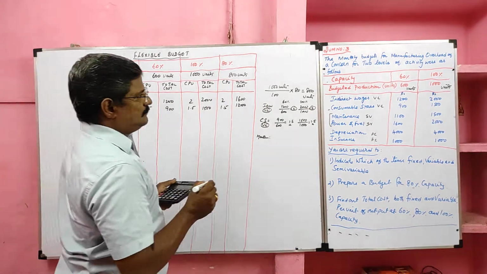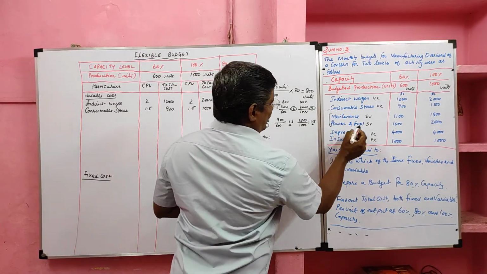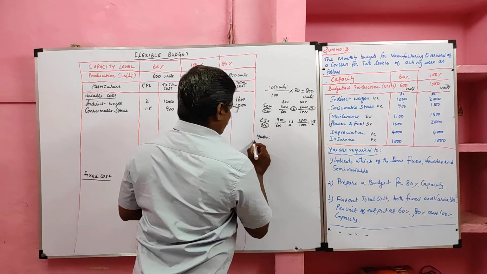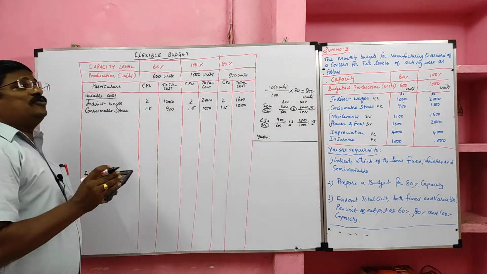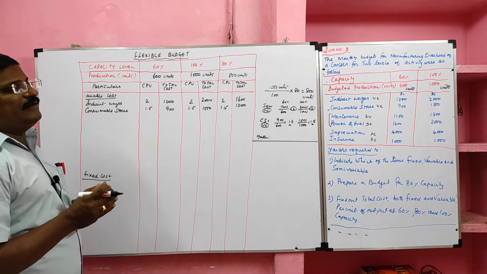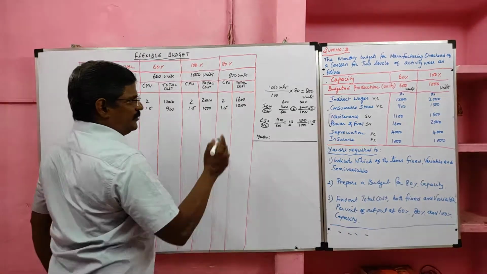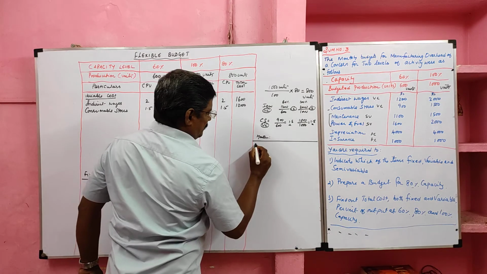Next, maintenance. We consider this one as semi-variable. Very, very important. We have to divide the semi-variable into two parts, namely variable cost and fixed cost. Now I am going to take maintenance.